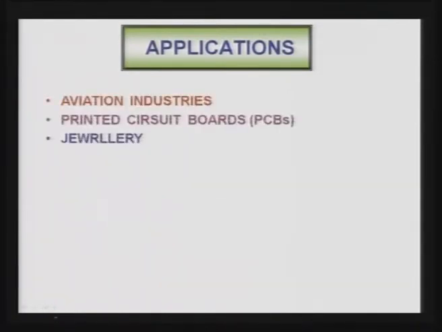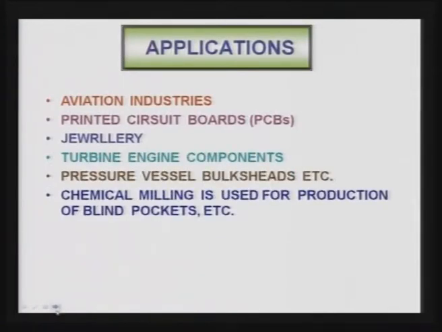There are various applications of chemical machining processes. Some of them are stated here. They are successfully and extensively used in aviation industries. It is a very good process for making PCBs, printed circuit boards, jewelry, turbine engine components, pressure vessels, bulkheads, etc. Chemical machining is used for production of blind pockets, or you can say chemical milling.